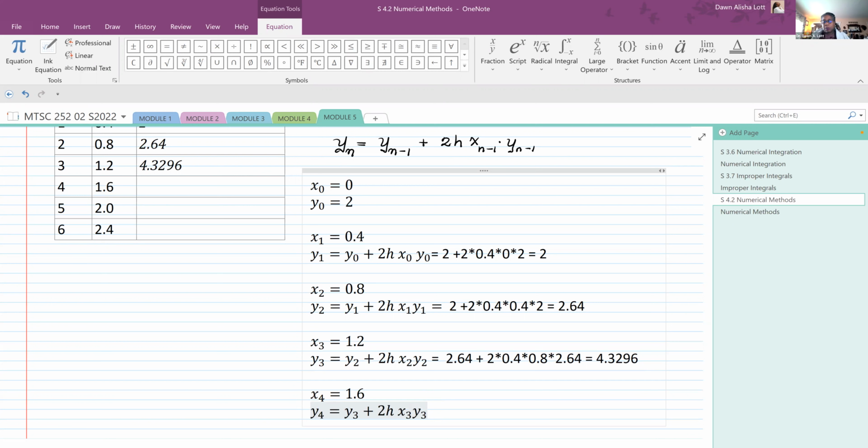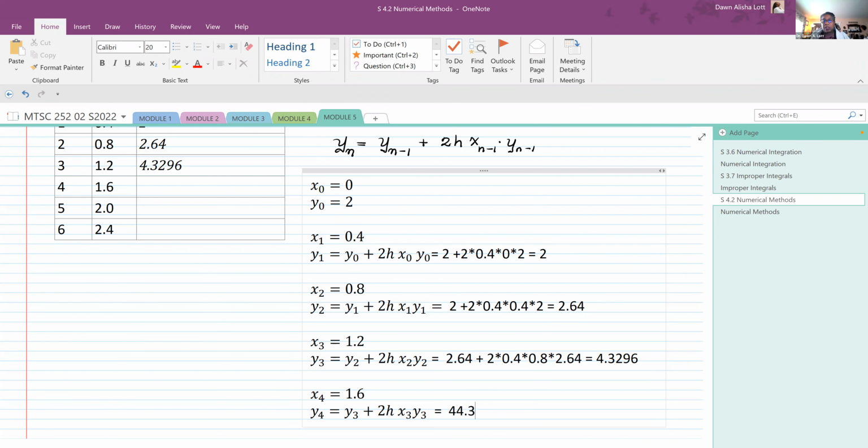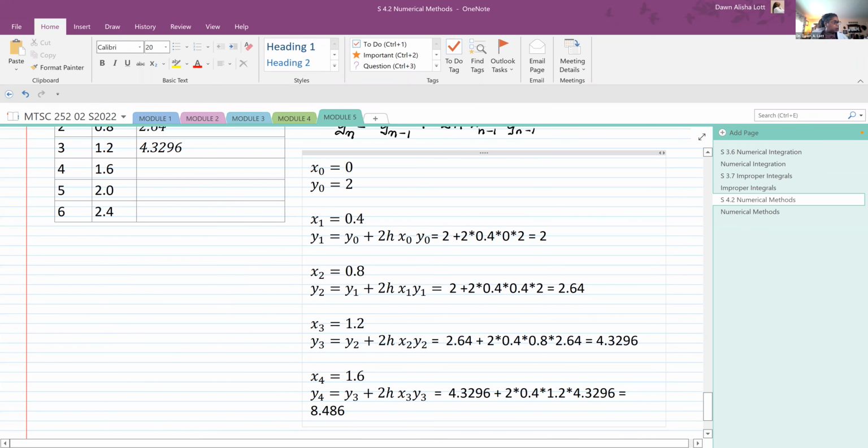That's going to equal 4.3296 plus 2 times 0.4 times 1.2 times 4.3296. And let me check to make sure that is the right number. 8.486, that's right.